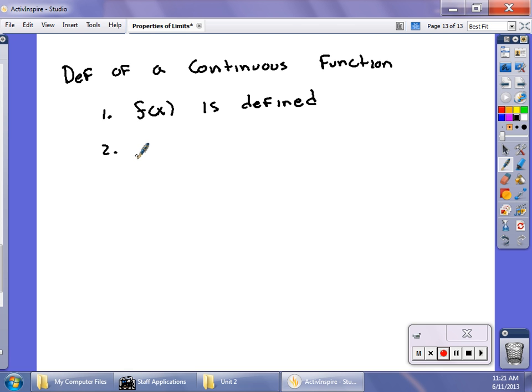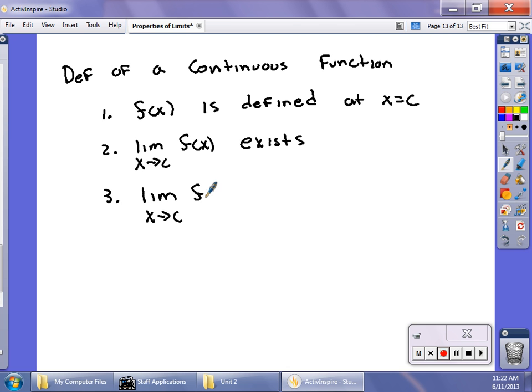Number two, the limit as x approaches c of f of x must exist. Let's go back to number one: f of x is defined at x equals c. And then finally the third one, and this is the one that breaks down a lot, is the limit as x approaches c of f of x must equal f of c. So it has to satisfy all three of those conditions for it to be continuous.